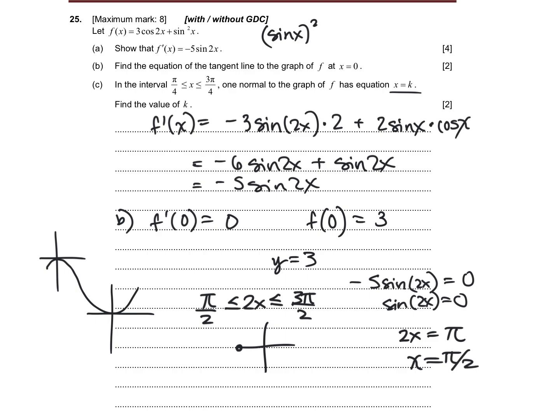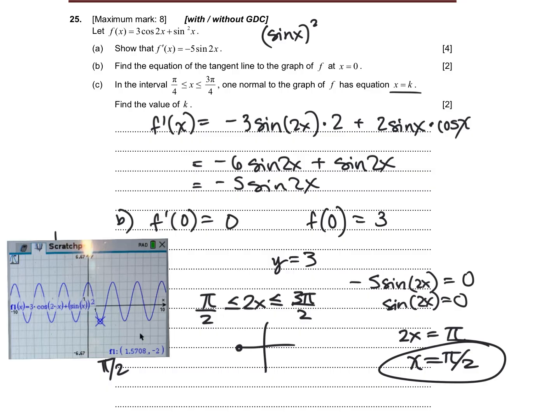That's going to be when the tangent is 0. So like here. So this is like pi over 2. This is the x. So the tangent is 0 here. So the normal is going to be x equals pi over 2.